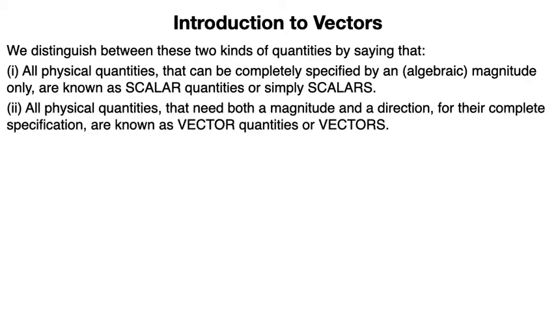All physical quantities which need both magnitude and direction for their complete specification are known as vector quantities or vectors.